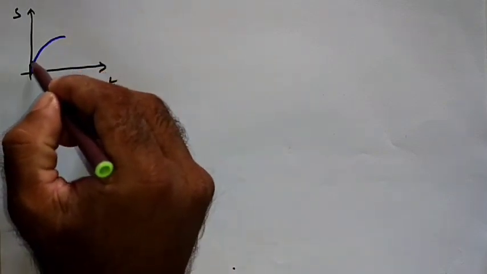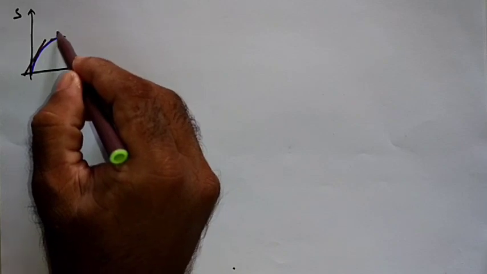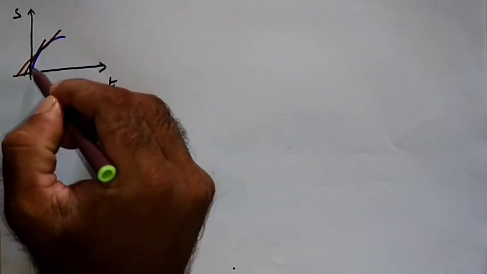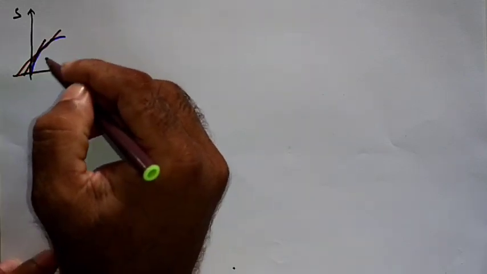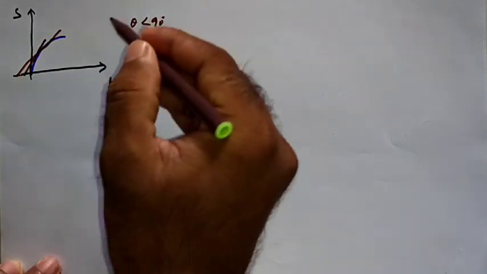First, let us see its slope. Is it greater than 90 or less than 90 degrees? How? Draw a tangent. At this point you draw a tangent. At this point you draw a tangent. Is theta less than 90 or greater than 90? Theta is less than 90 degrees. We are drawing in this way.